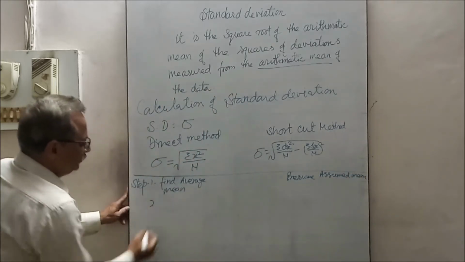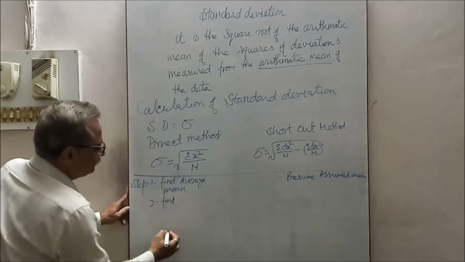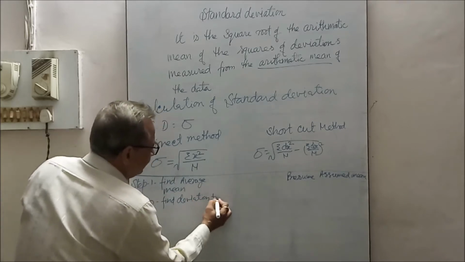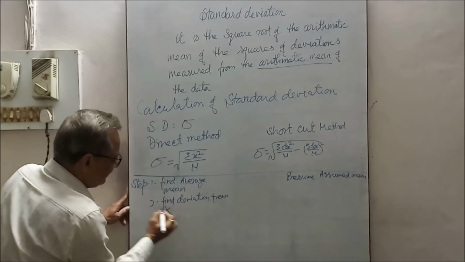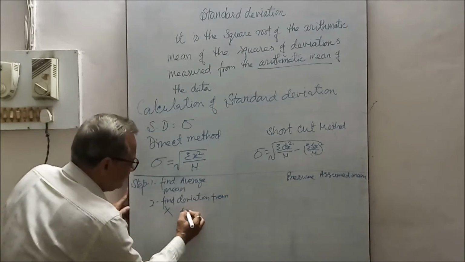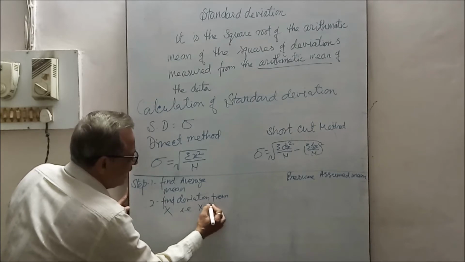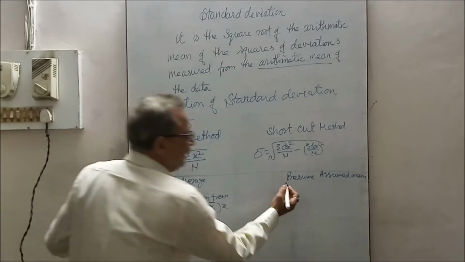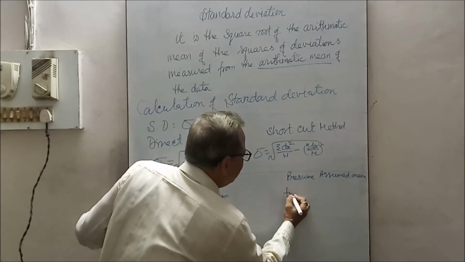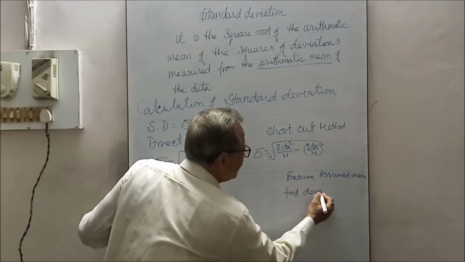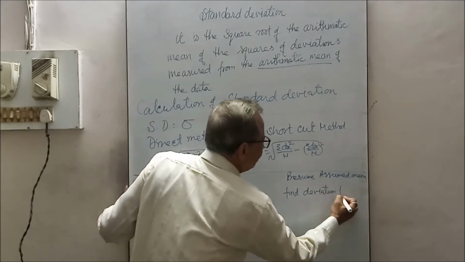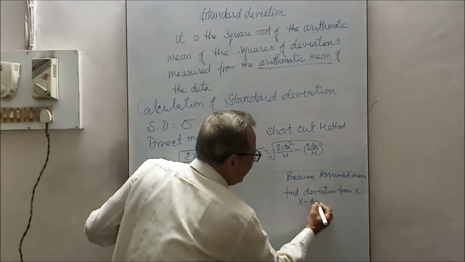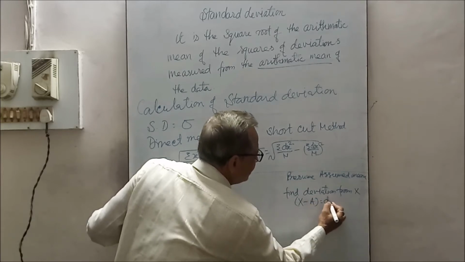Step 2, find the deviation from x, that is x minus x bar. In the shortcut method, step 1 is to assume a mean. Step 2, find the deviation from x, that is x minus a.